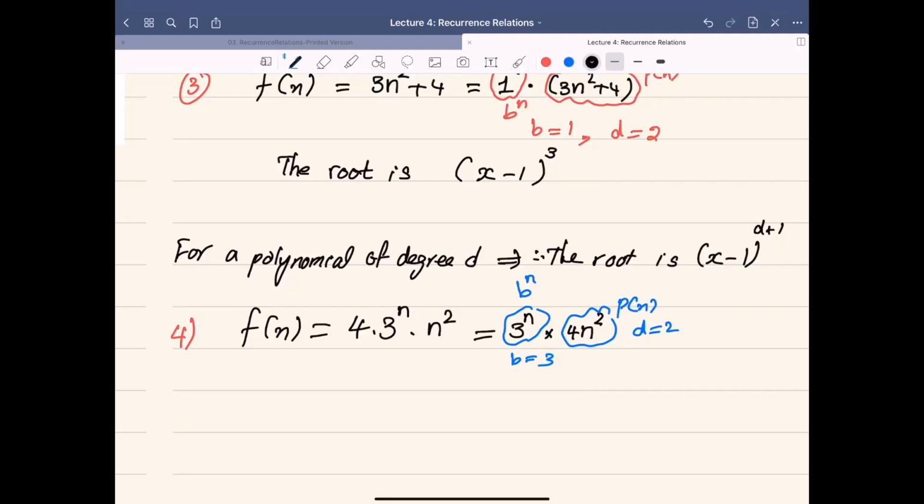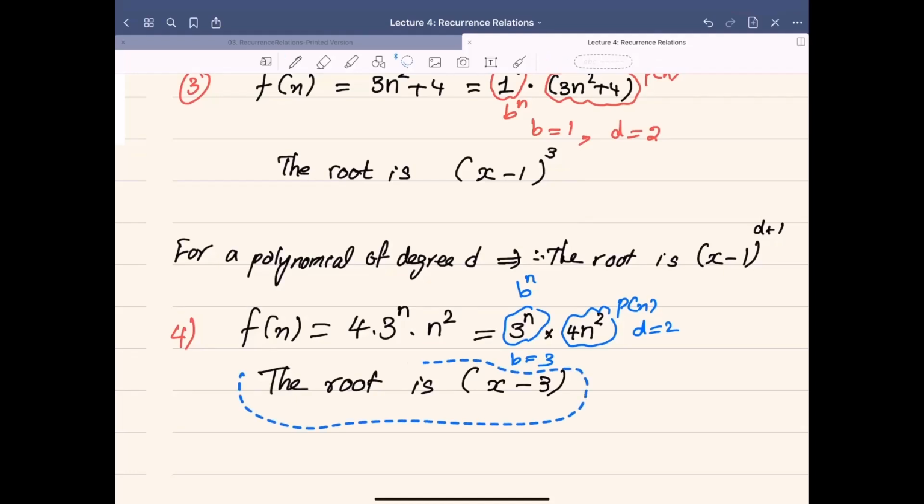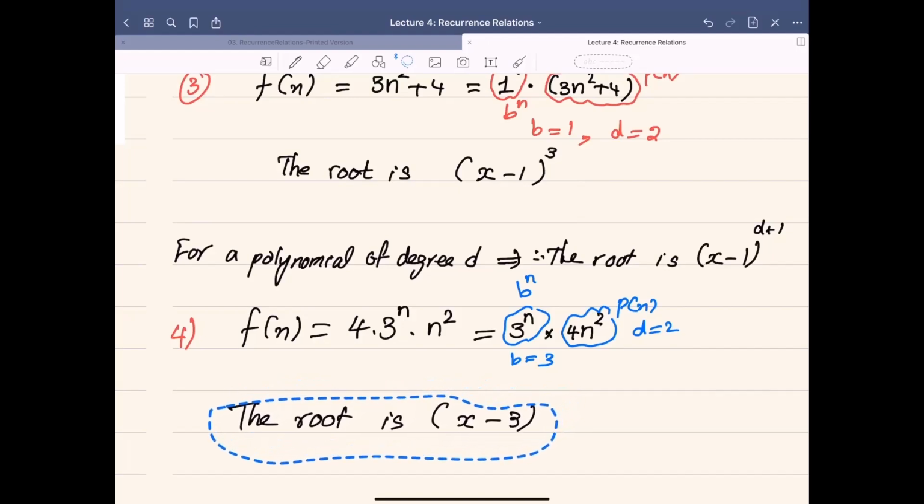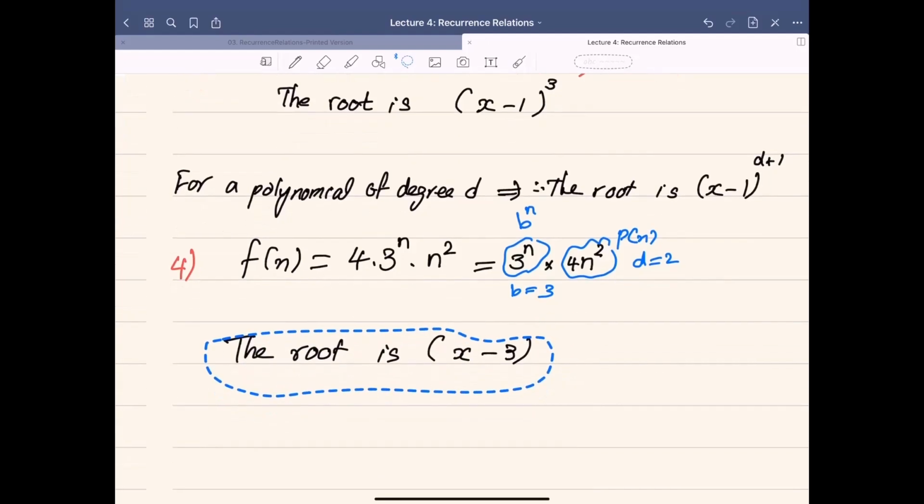So the root is x minus 3 raised to power 3, because the polynomial is of degree 2.